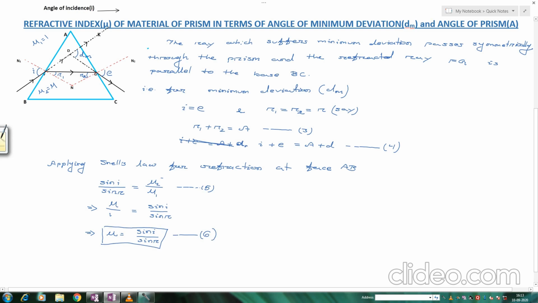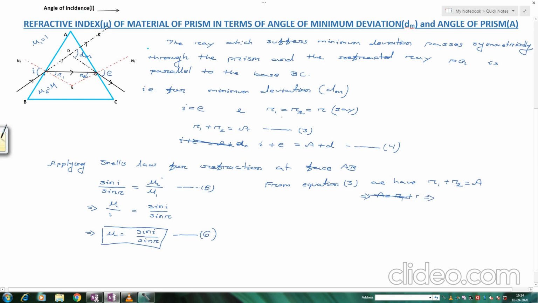See, from equation 3 we have R1 plus R2 is equal to A. This implies A is equal to R1 plus R2.